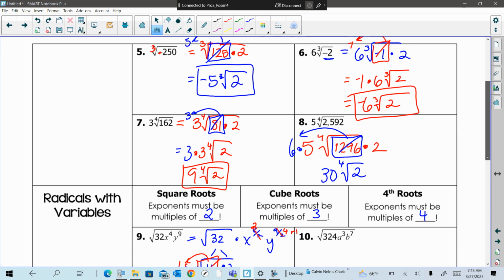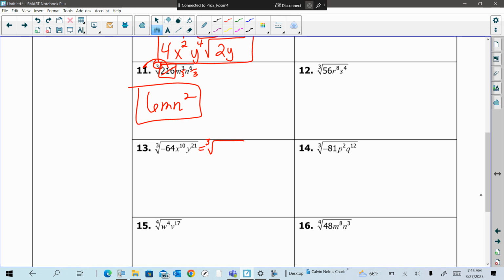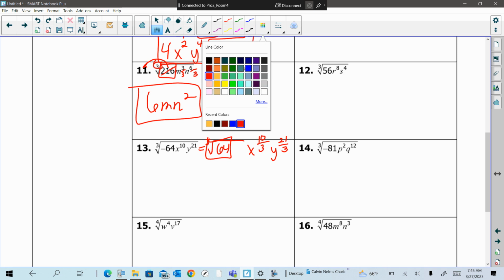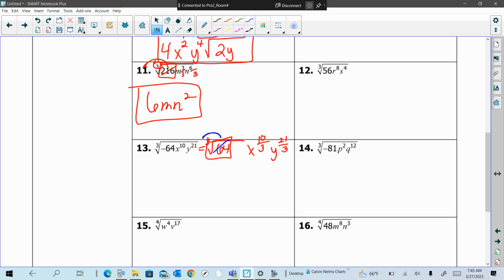I was thinking fourth root. All right, so 64 is a perfect cube, so that comes out. Then we have 10 divided by 3 and 21 divided by 3. The cube root of 64, when I bring it out, is a negative 6 because we had a negative sign there.